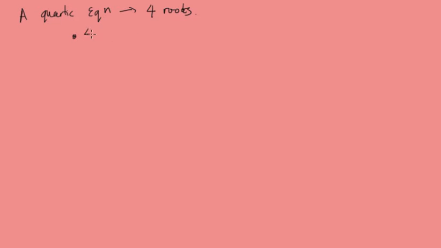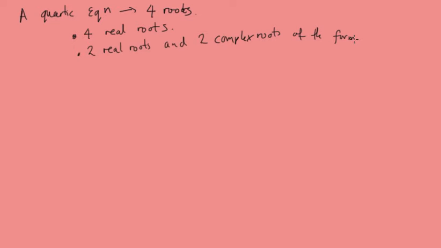And these can either be 4 real roots, or they can have 2 real roots and 2 complex roots of the form x plus or minus iy, so the complex conjugate pair, or they can have 4 complex roots.